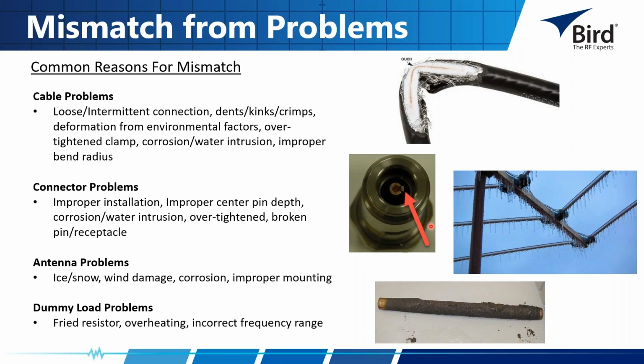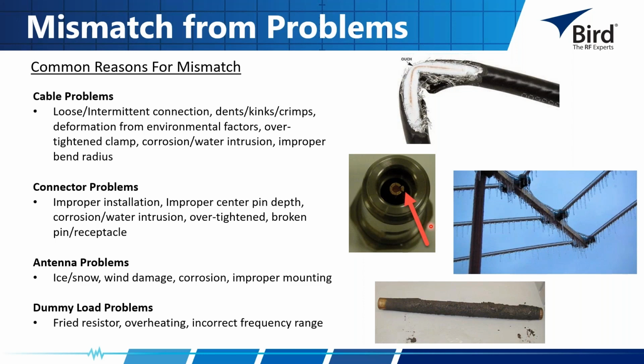So when we're thinking of different cable problems, this is where you're going to see things like something loose or an intermittent connection, any type of dents, crimps, and kinks, and I've seen deformation due to environmental factors. UV can be very damaging on these different pieces, or things getting hot and cold and causing some impedance changes.